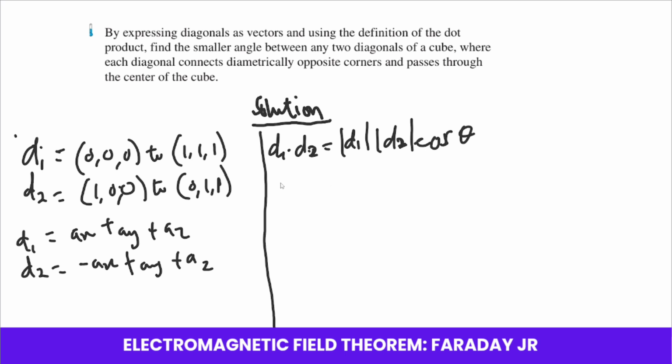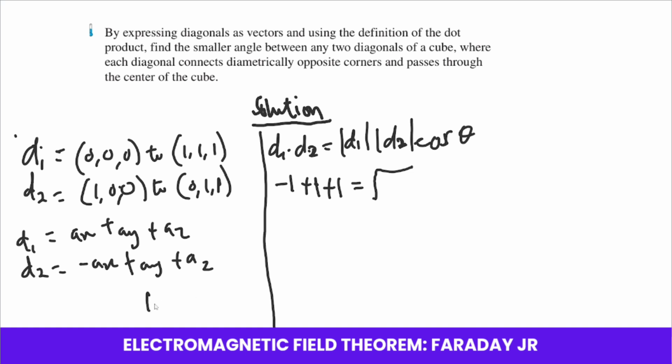Okay, so when I find the dot product of D1 and D2, AX multiplying negative AX will give you negative 1, plus AY multiplying AY, we get 1, plus AZ dot AZ, we get 1.